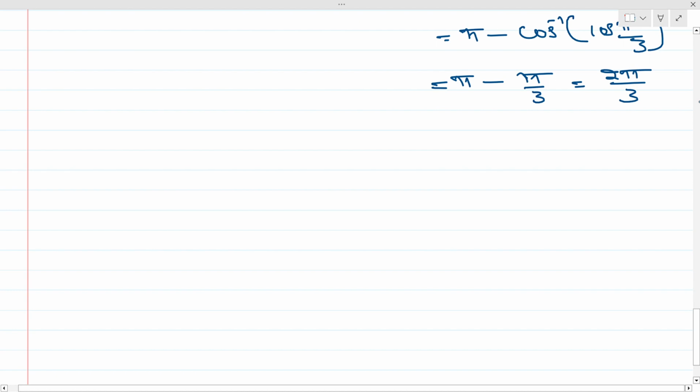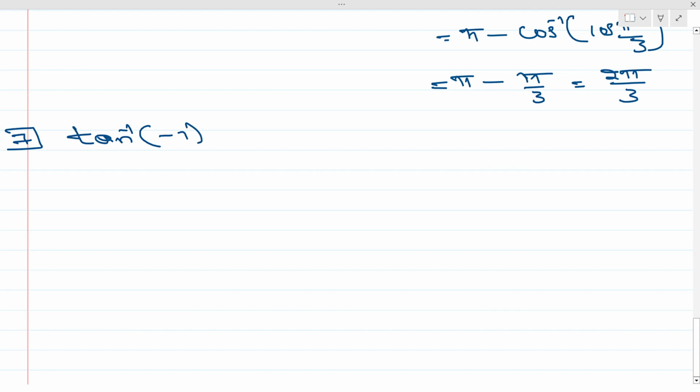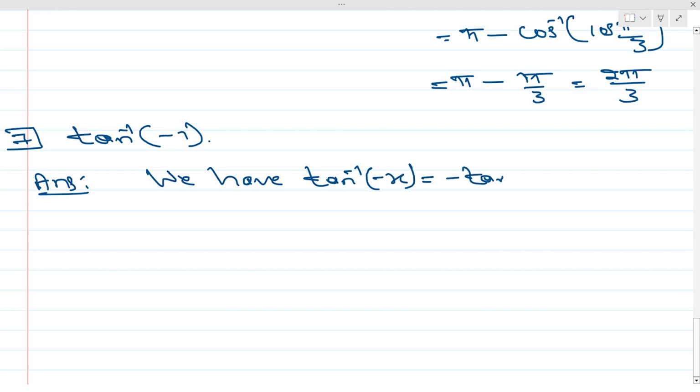Moving on to the next question. Question number 6, 7, 8. Tan inverse minus 1. Answer for this, we have tan inverse minus x as minus tan inverse x.